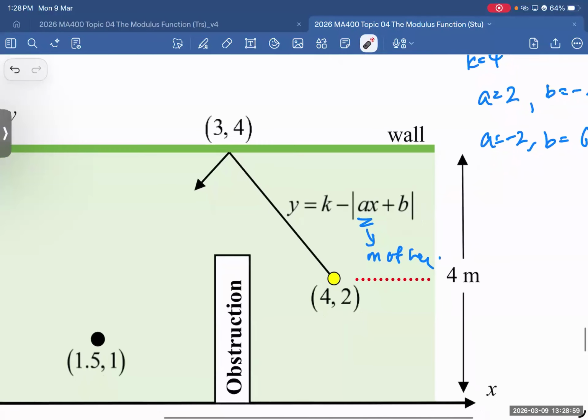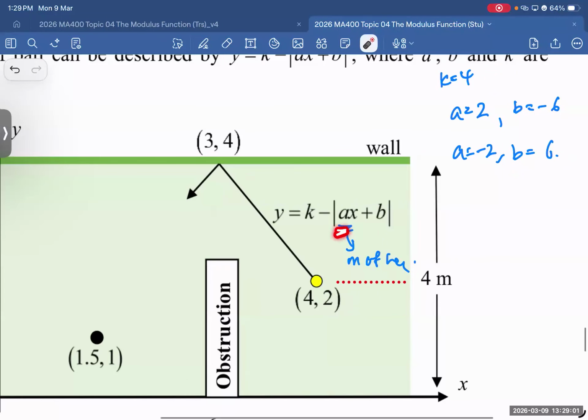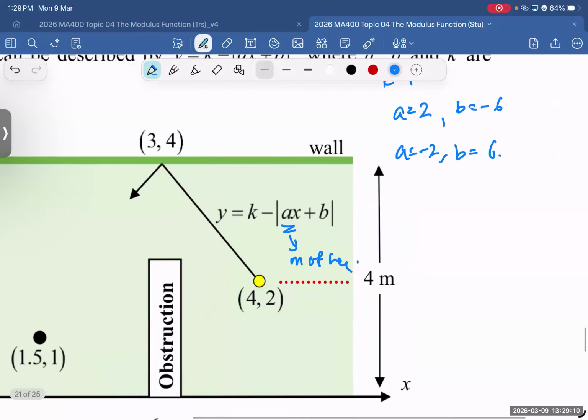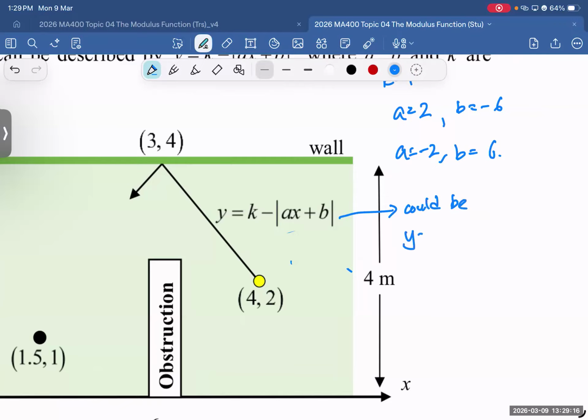Then what else? How do I find A? Now A here has to do with gradient. This graph could be in two versions. It could be y equals to k minus a modulus of x plus b, or it could be y equals to k plus a modulus of x plus b.